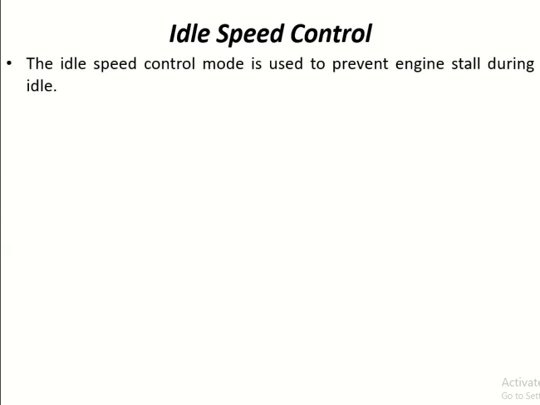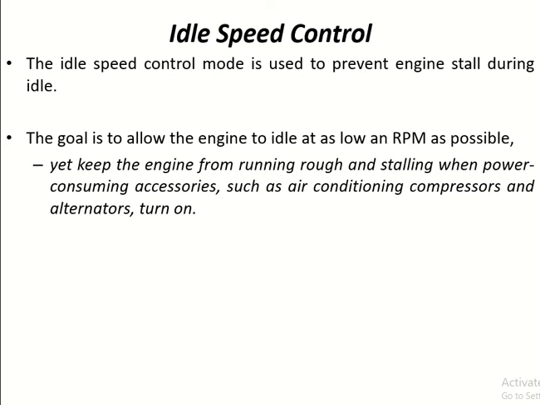The idle speed control mode is used to prevent engine stall during idle. The goal is to allow the engine to idle at as low an RPM as possible, yet keeping the engine from running rough and stalling when power consuming accessories such as air conditioning compressors and alternators turn on.